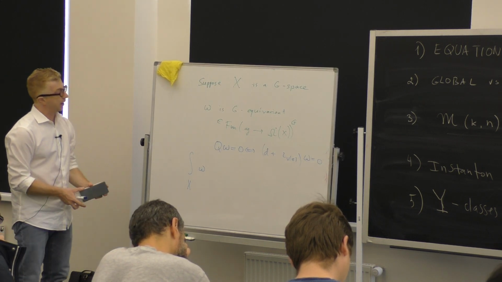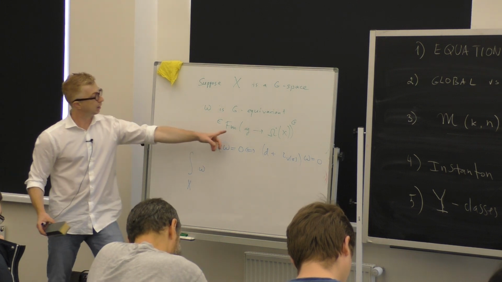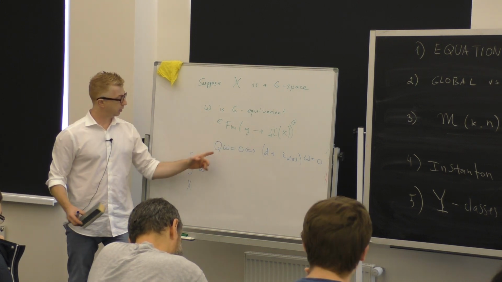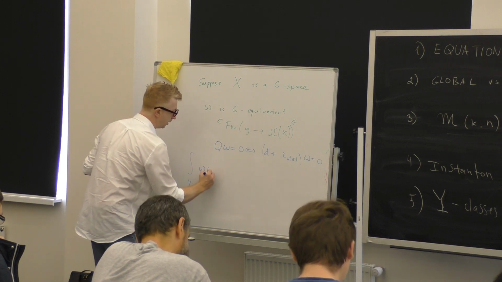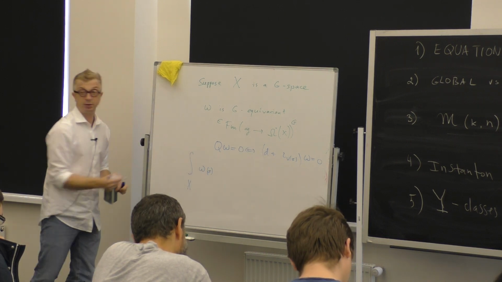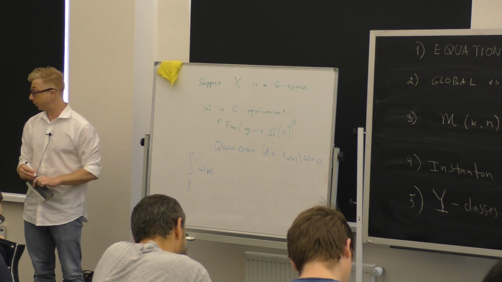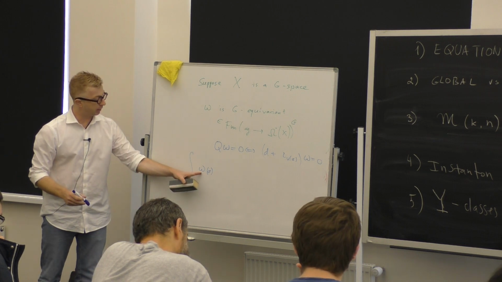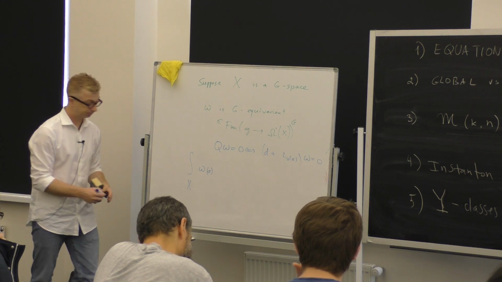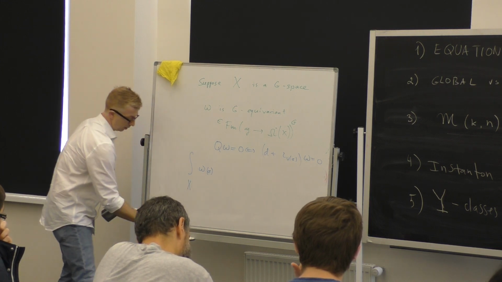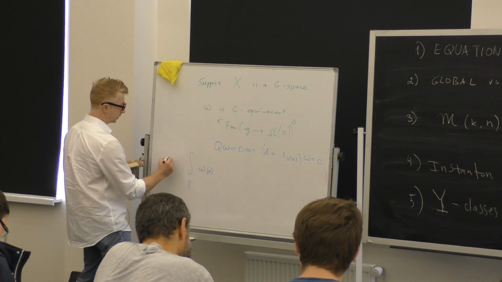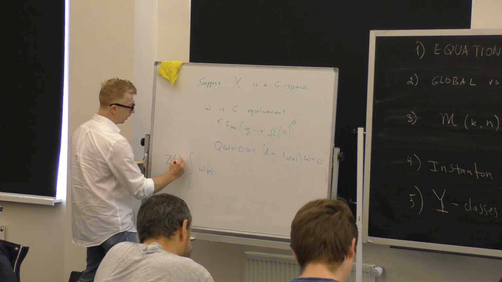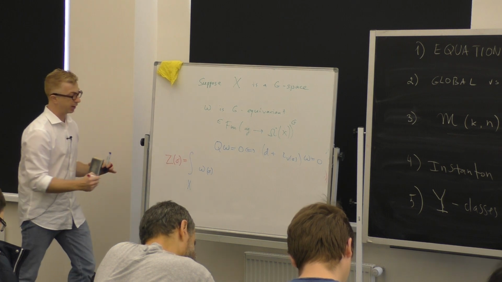So what does it mean? Omega is a function of the Lie algebra, so I can substitute sigma and get an ordinary differential form on X. And so what I do now, I take the top degree component, the component of degree dimension of X, and integrate over X. And so this way I will get something which I will call the partition function.